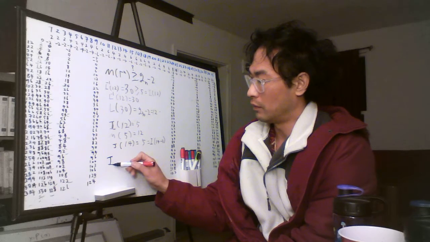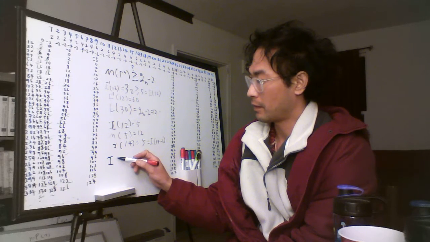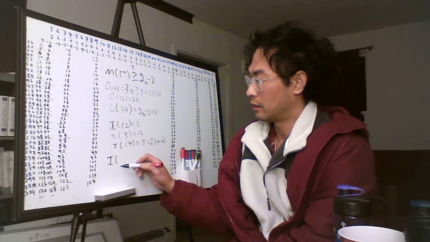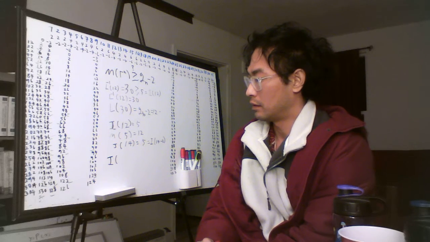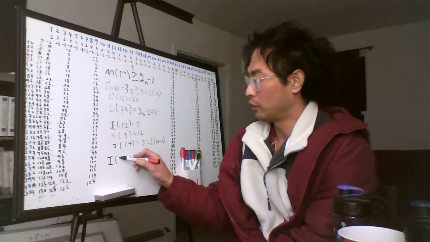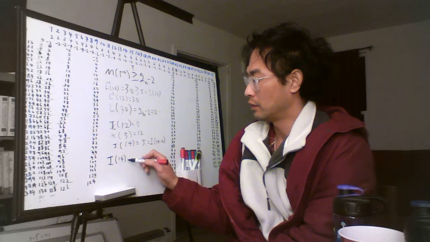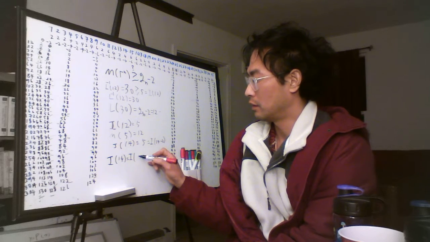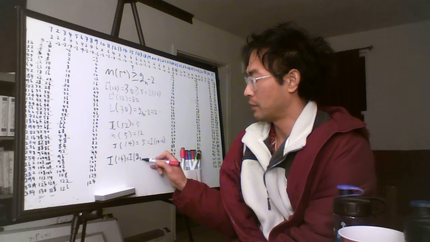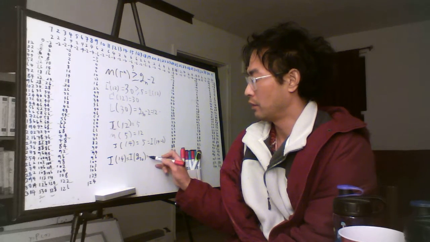Index of 14, for example, is index of 30, since 30's prime gap is 30.